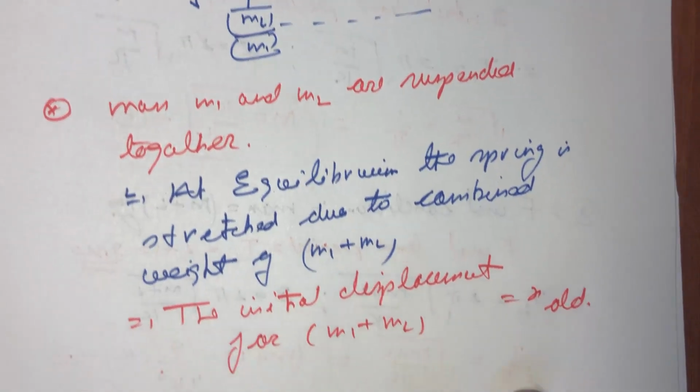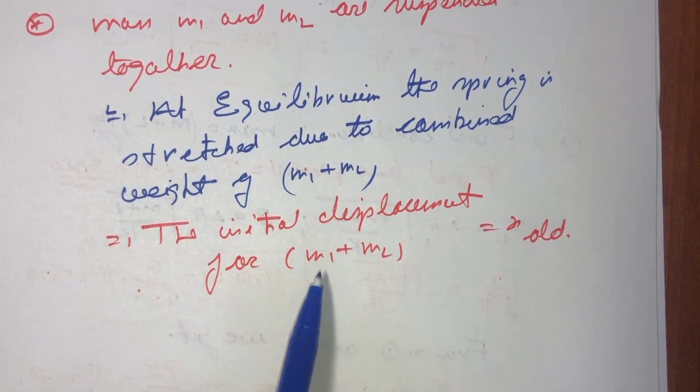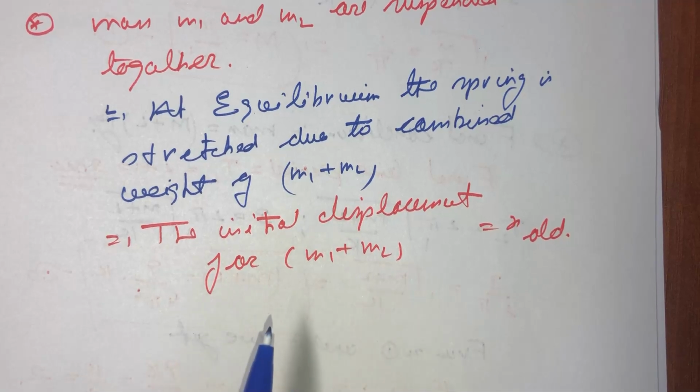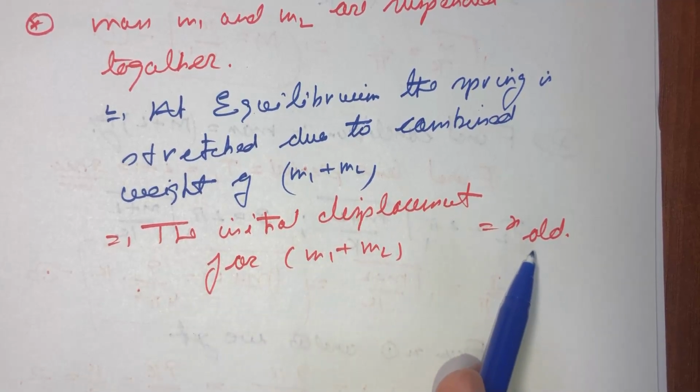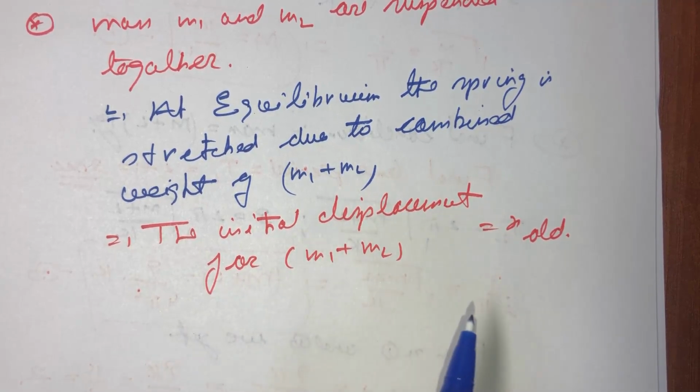So at equilibrium, the restoring force acting on the spring because of these two masses will be equal to k multiplied by the extension, that is x old, and that will be equal to m1 plus m2 multiplied by g.